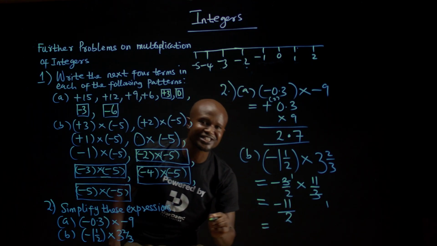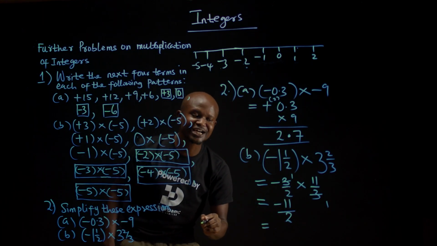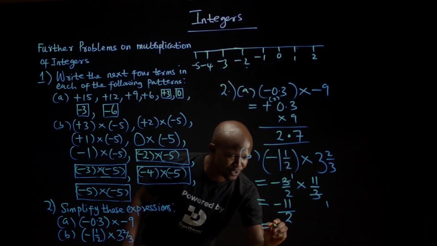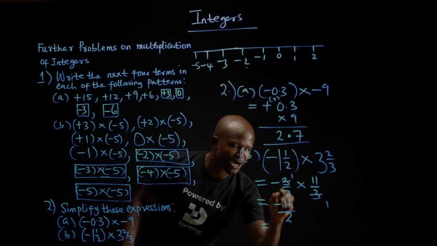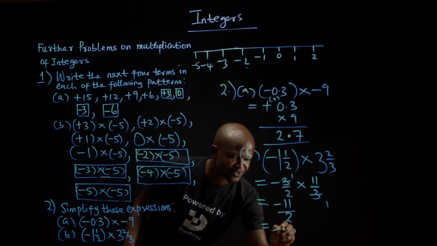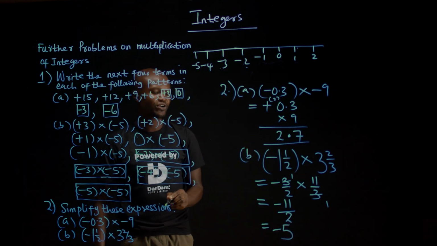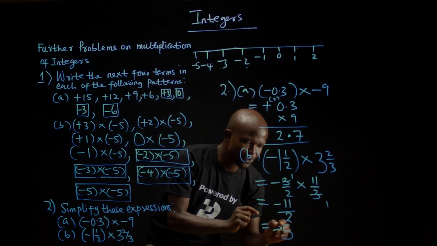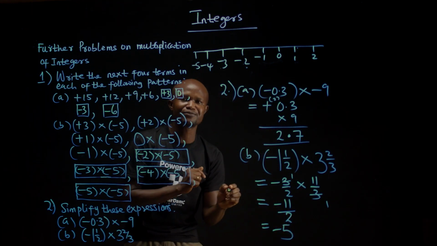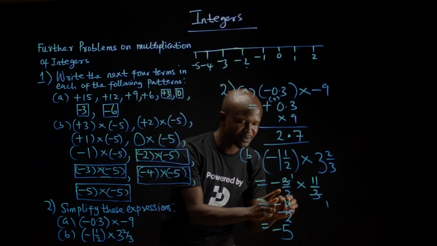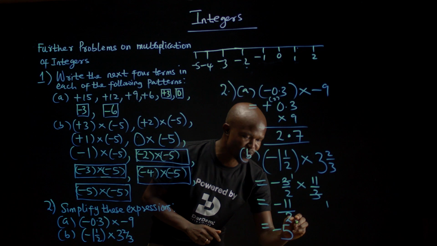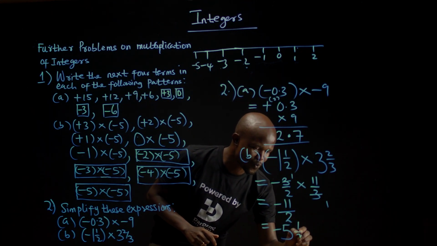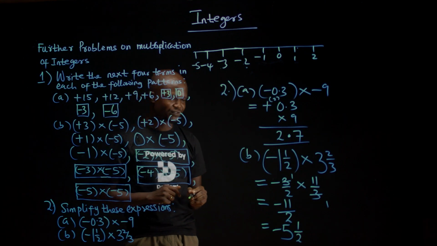How many 2s will you see in 11? 2 times 5 is 10, so that is 5. So we have minus 5 first. 5 times 2 is 10, and 11 minus 10 is 1. So we have minus 5 and 1 over 2.